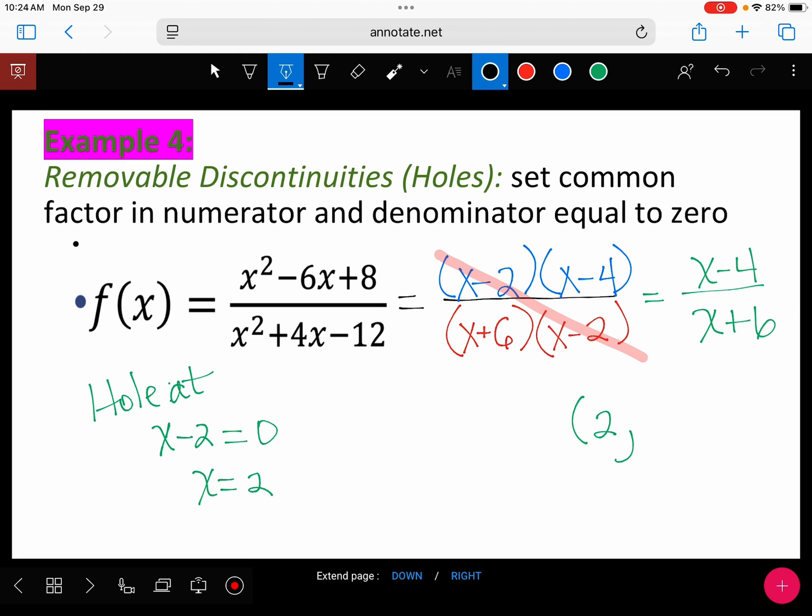So y equals (2 minus 4) over (2 plus 6), which is negative 2 over 8. And we know we always reduce a fraction. So that means that on the graph, at this point, there is going to be an open circle at (2, negative 1/4).